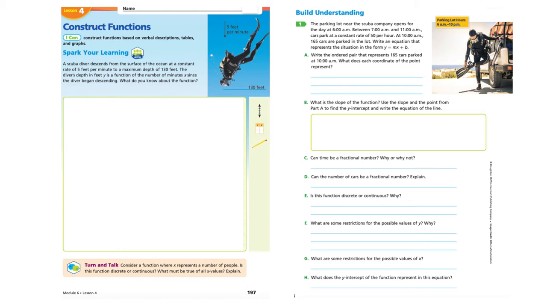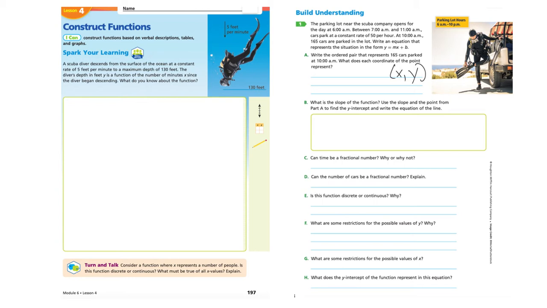So you're going to have an xy and an ordered pair that has an input and an output that's showing that 165 cars are parked there at 10 a.m. What does each coordinate of the point represent? So think about the fact that you're going to have an ordered pair in the form xy, where x is your input and y is your output.